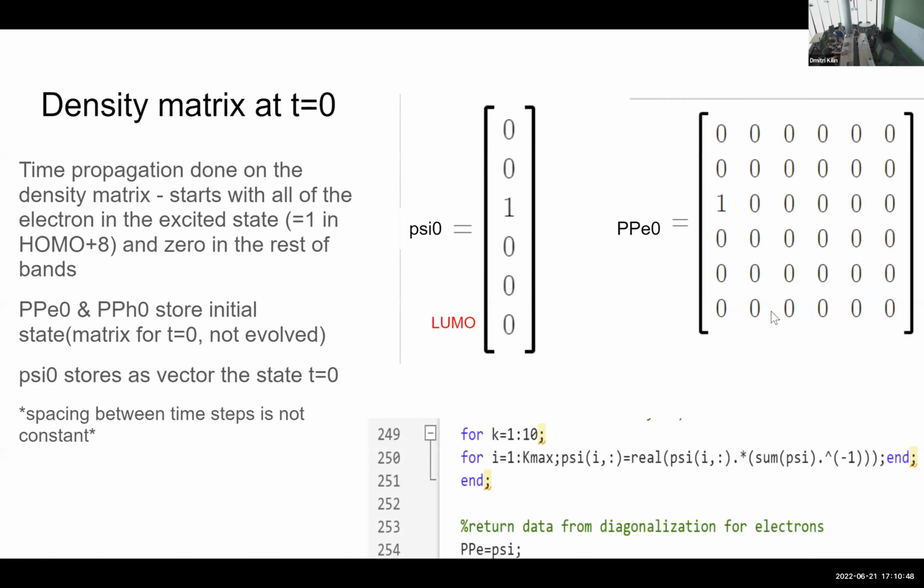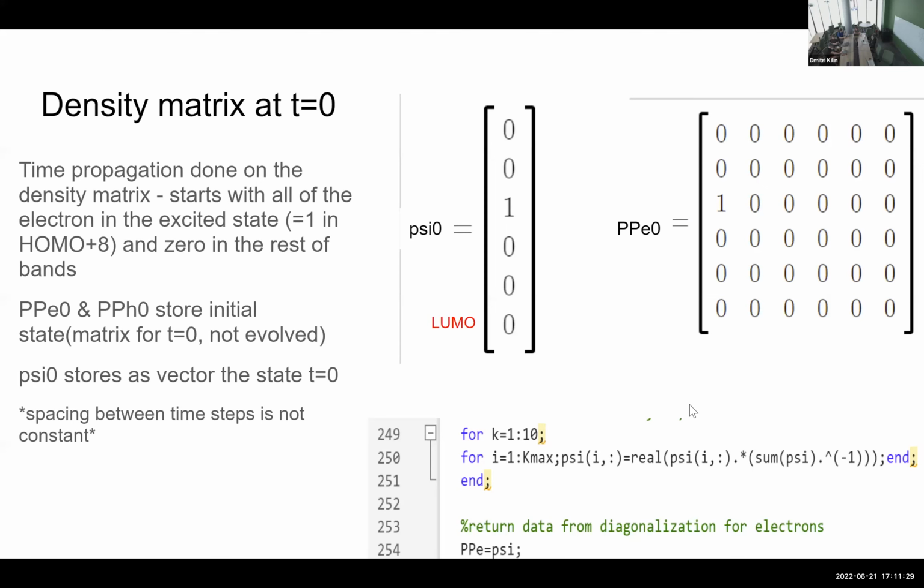Back here, we have an example of an initial density matrix for the electrons, where the time step is the columns, and each different orbital or band is the rows. So we're starting out with an electron all the way excited in band 4 above HOMO. Over time, this will evolve and fill in all of these extra zeros that you see past time t equals 0.